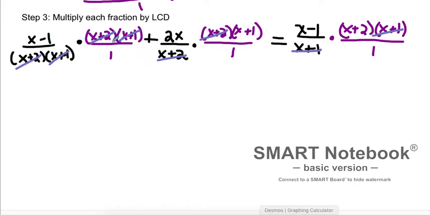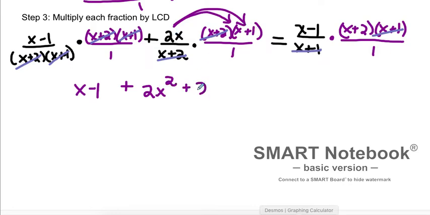This problem is not bad at all. We have x minus 1 times, these both canceled, so it's just x minus 1. Plus, how about here? We've got 2x times x plus 1, so we have to distribute. 2x times x is 2x squared. 2x times 1 is 2x, equals.